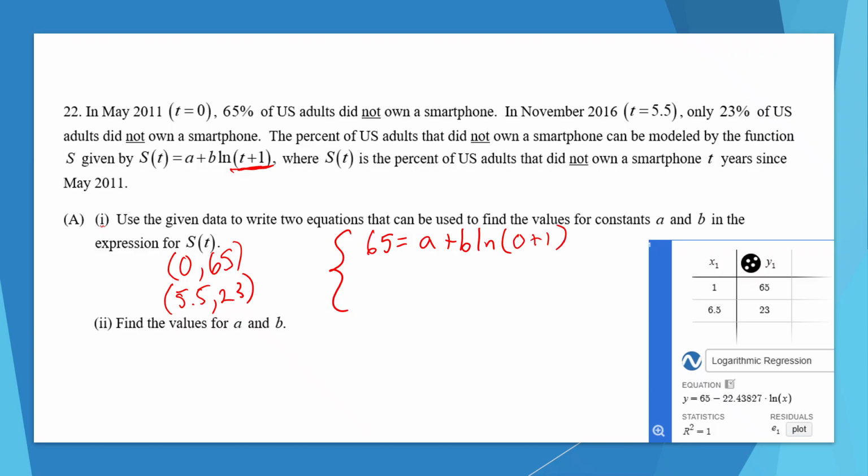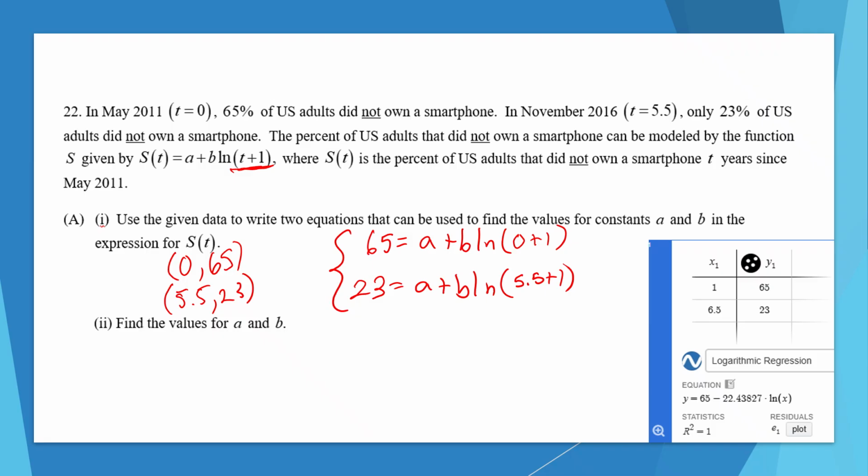So remember that plus 1 if it's given to you, and that is our answer for the first equation. The second equation, 23 equals a plus b ln of 5.5 plus 1, and that should be our answer for part A1.